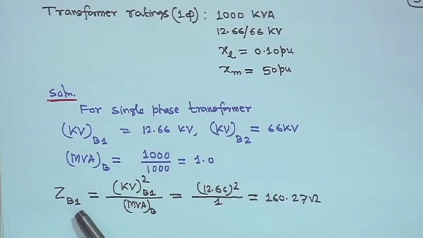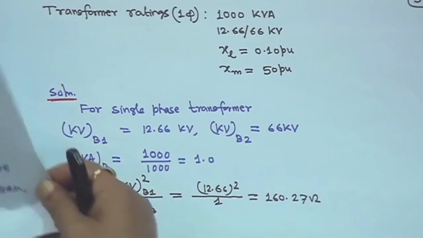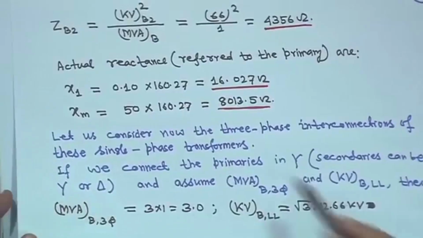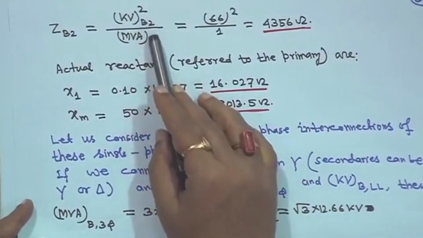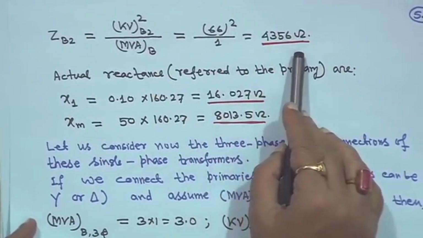So ZB1 is kV base 1 squared upon MVA base, that is 12.66 squared upon 1, that is 160.27 ohm, when you are considering a single phase. Similarly, ZB2 is equal to kV base 2 squared upon MVA base, that is 66 squared upon 1, that is 4356 ohm.